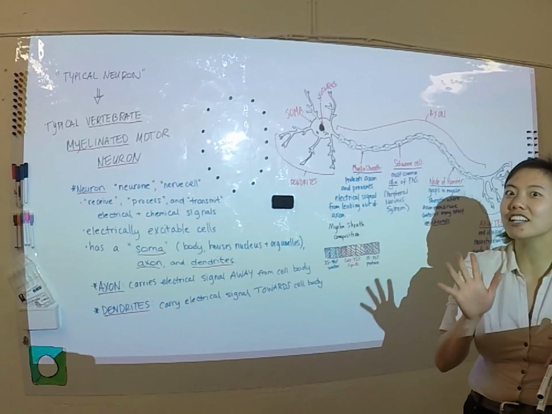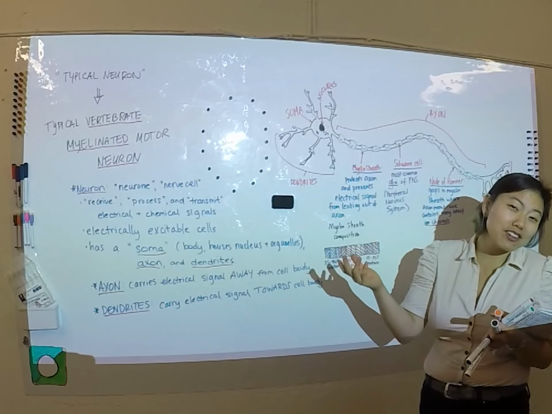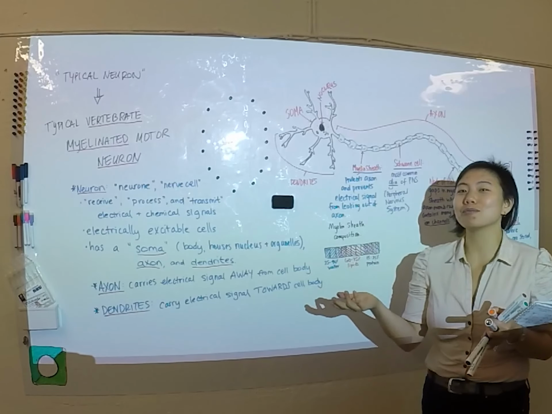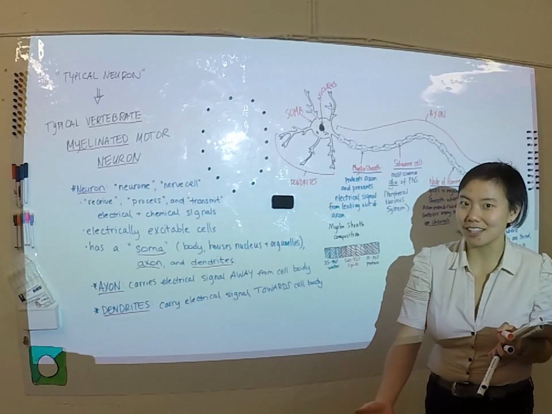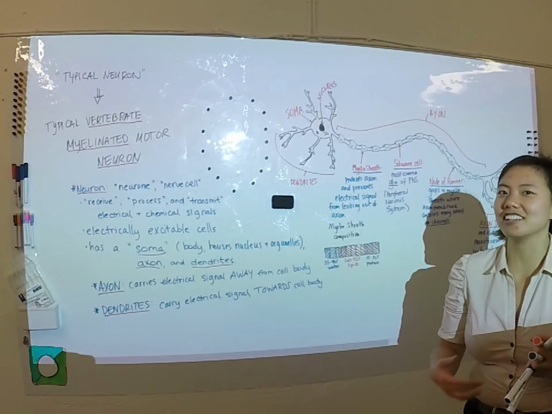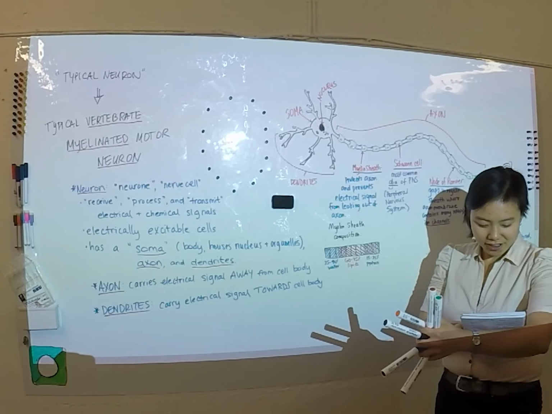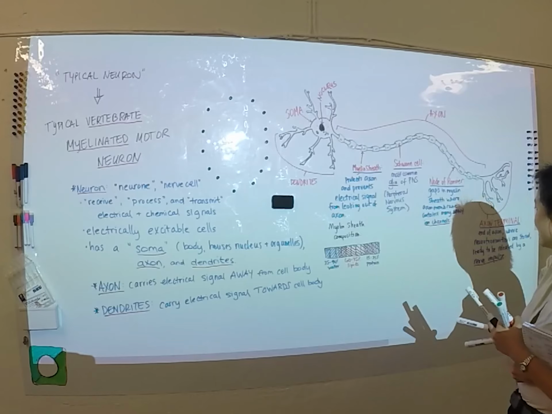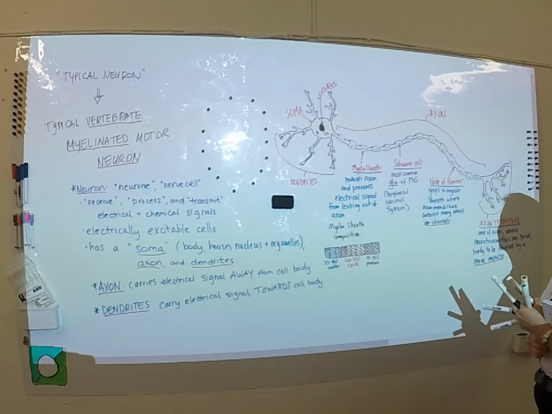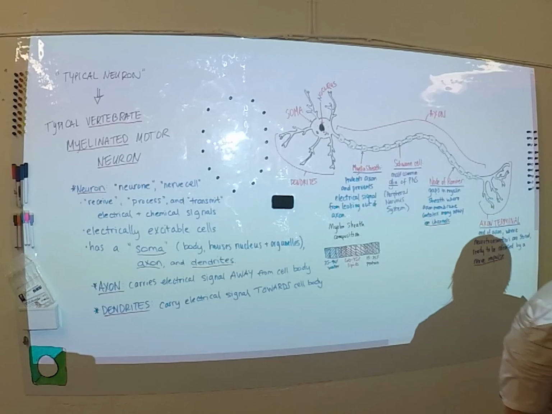So glia are really important, okay? And the only reason why we don't talk about them as much is because it took a lot longer for us to be able to study them. They're a lot harder to study, okay? All right, so glia. We will talk more about glia in a second. And let me just check if I have room.